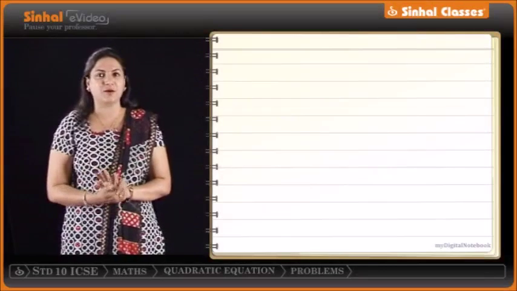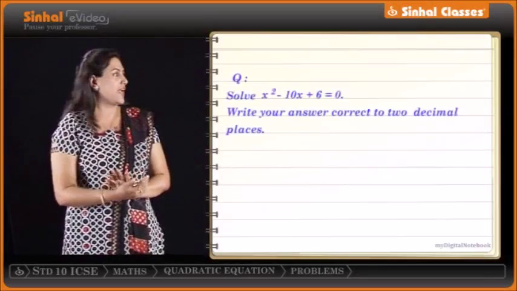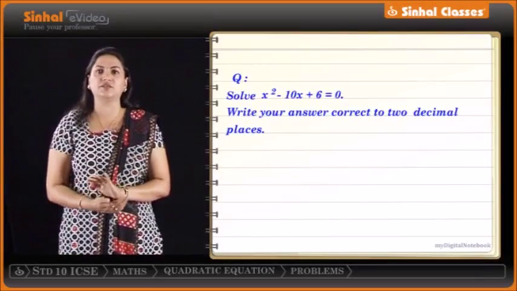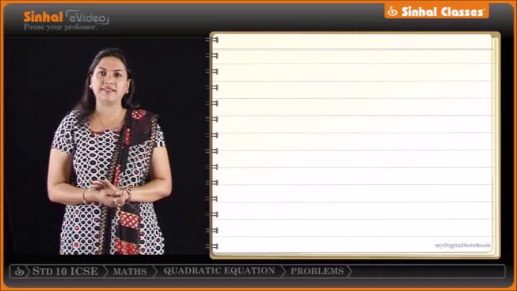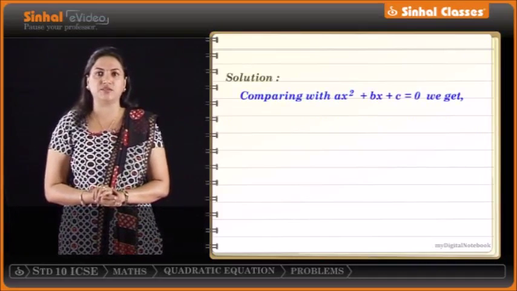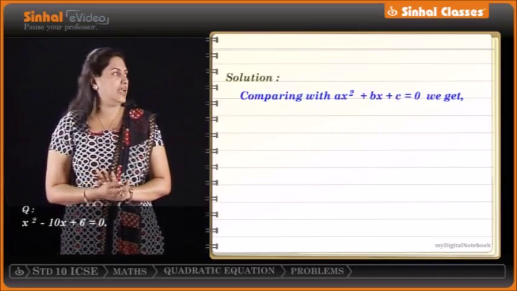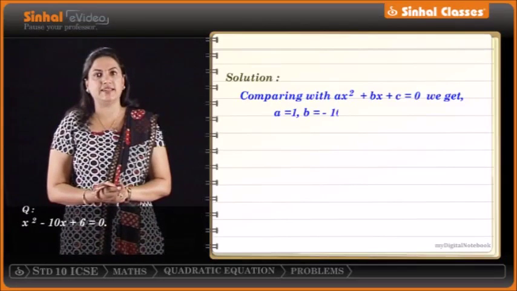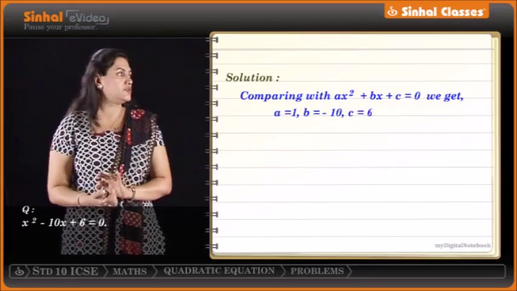Now to the next problem, solve x square minus 10x plus 6 is equal to 0. Now we compare this with ax square plus bx plus c is equal to 0 to get a is equal to 1, b is equal to minus 10 and c is equal to 6.